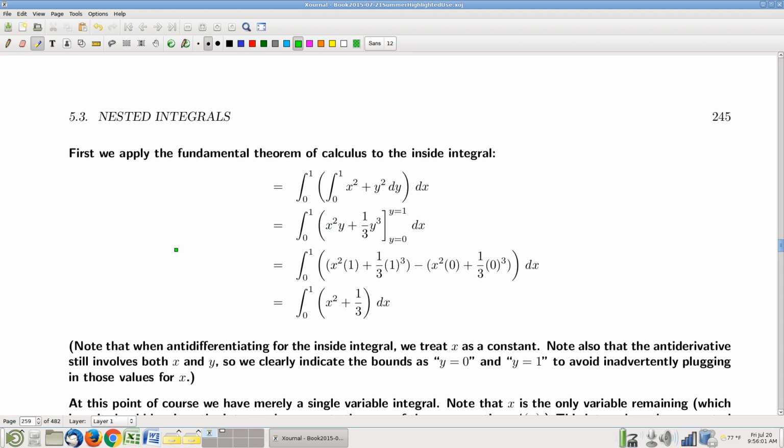Okay, right. Then you plug in y equals 1, like so. Let me do it with the pencil. You plug in y equals 1. Right, you plug in y equals 0.